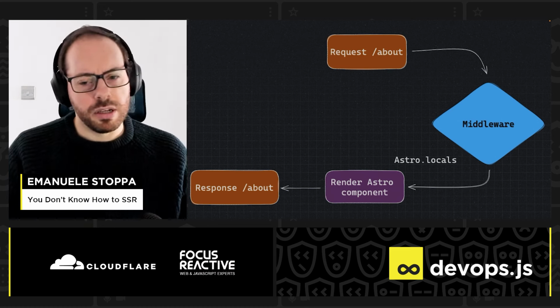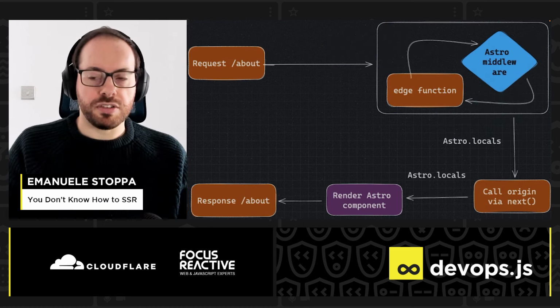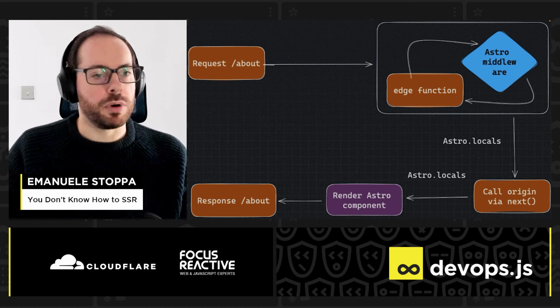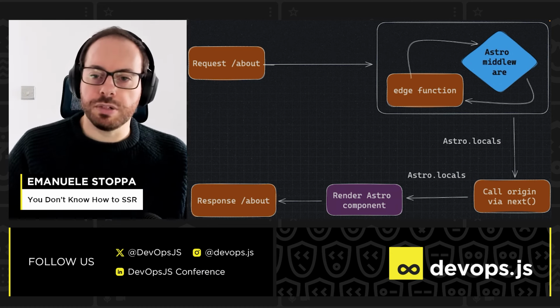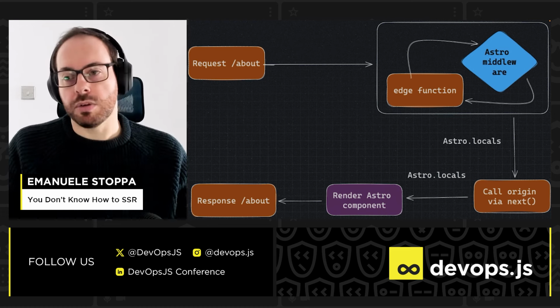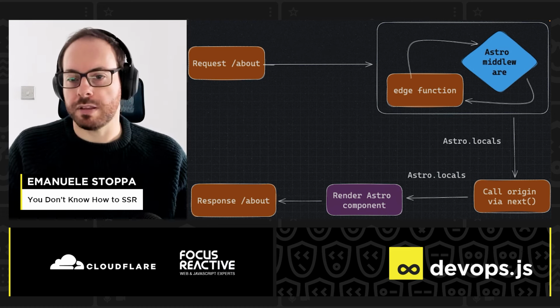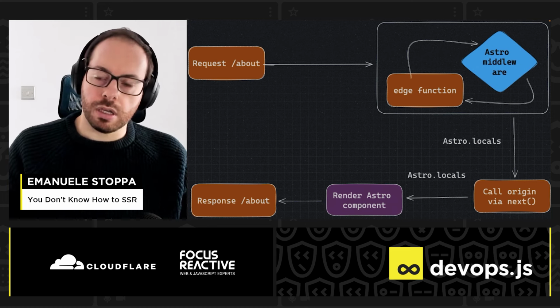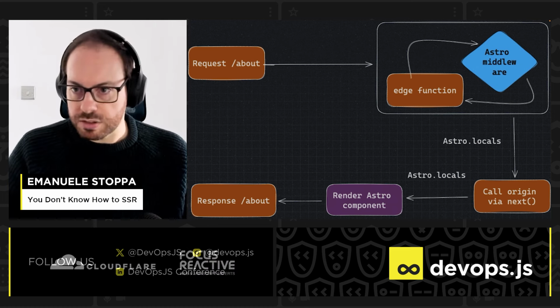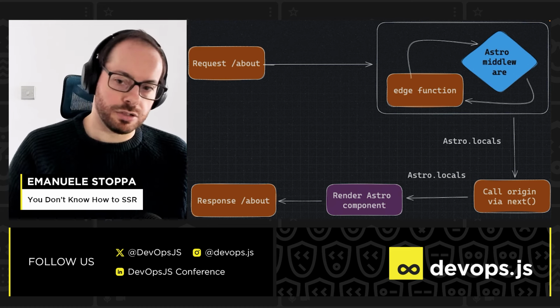On the edge, this is a little bit different, but I managed to use the same middleware and make it work. Everything starts from the request. We generate this edge function. Usually the edge middleware is an edge function that is very close to the user. That's why it's called edge. And this edge function calls the actual Astro middleware. But then we need to render the Astro component.